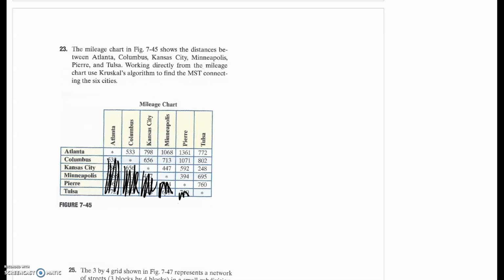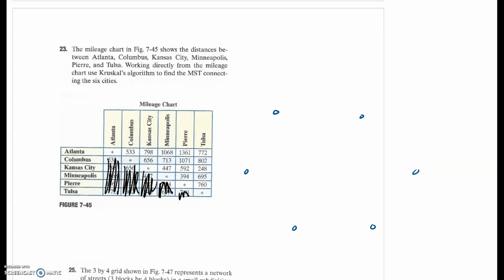Now what I need to do is set up my vertices. So I have 1, 2, 3, 4, 5, 6 different cities.